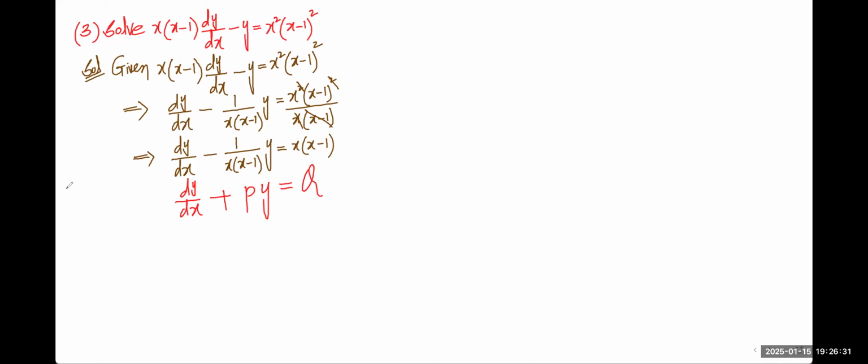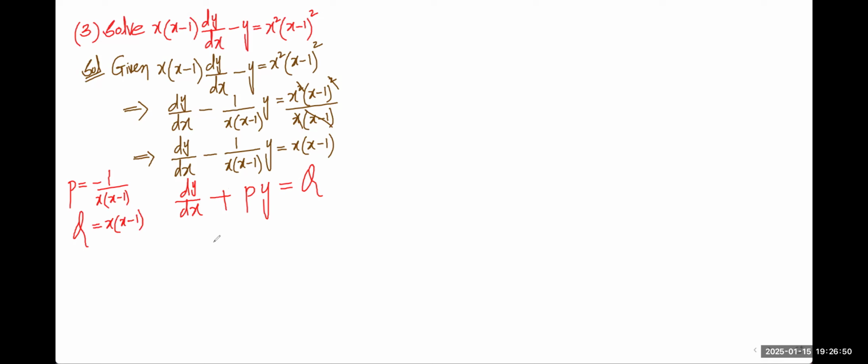Now the p value is minus 1 by x into x minus 1, and the q value is x into x minus 1 only.